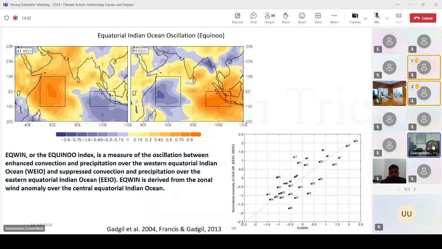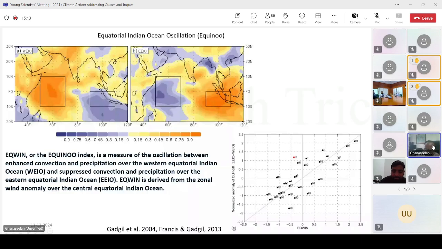And similar to IOD, the Equatorial Indian Ocean Oscillation, or EQUINOO, also provides an atmospheric component of an IOD. This is basically explained through the outgoing longwave radiation difference between the west and east. So that explains very clearly the equatorial winds.